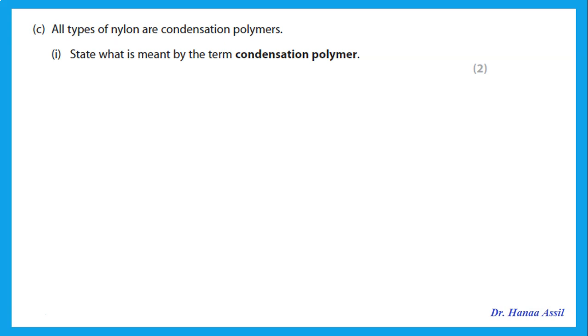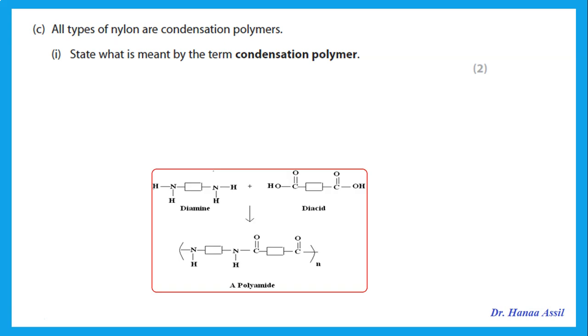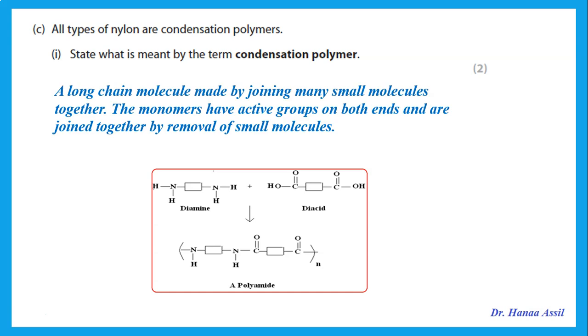All types of nylon are condensation polymers. What is meant by condensation polymer? Remember, condensation polymers like polyamides or polyesters are long chain molecules made by joining many small molecules together. Now, in condensation, the monomers have active groups on both ends.